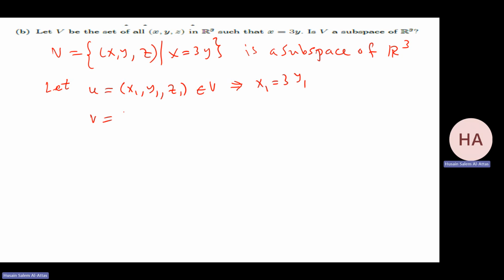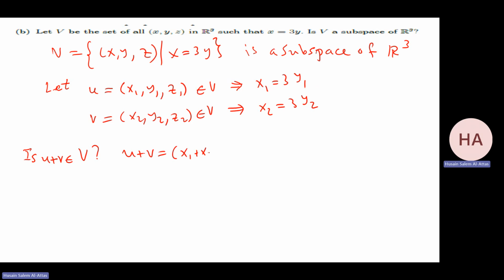Let v equal (x2, y2, z2) belong to V. That means x2 equals 3y2. Now I check, does u plus v belong to V or not? So I check u plus v. It will be (x1 plus x2, y1 plus y2, z1 plus z2). Does this belong to V?